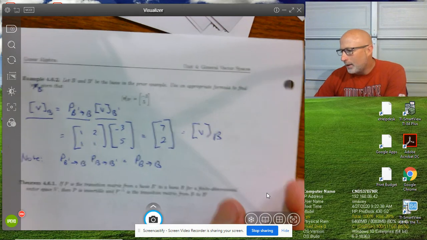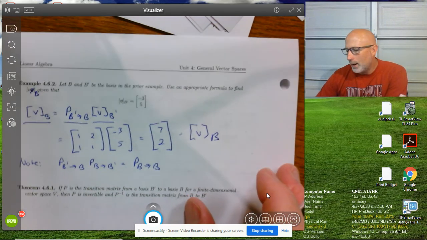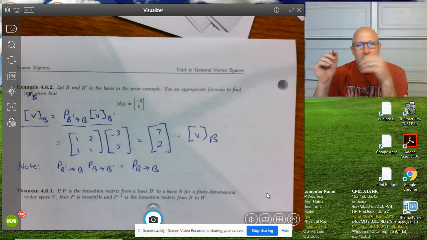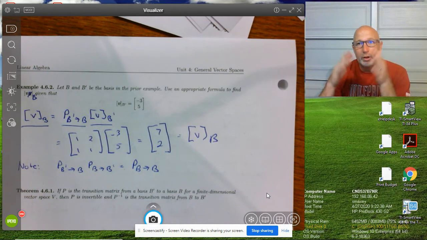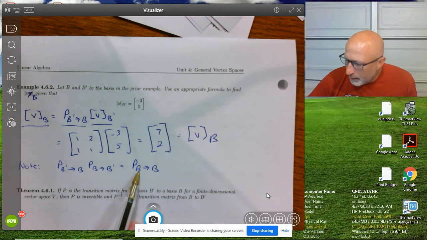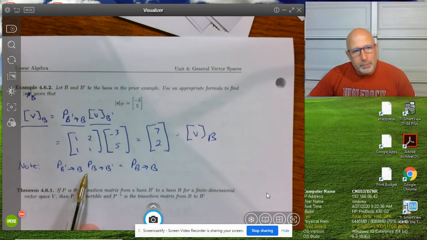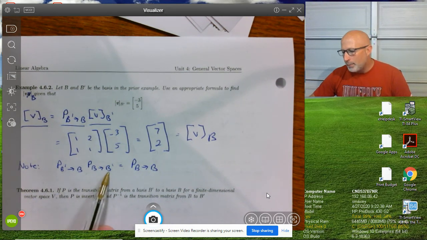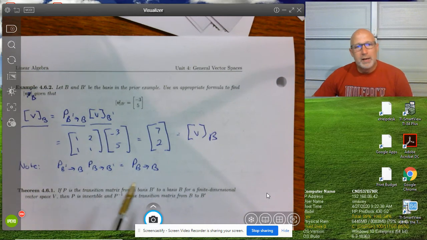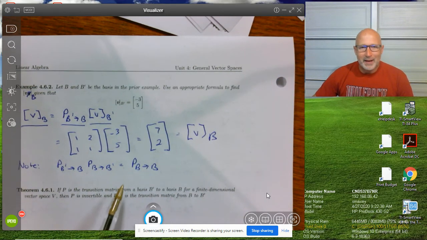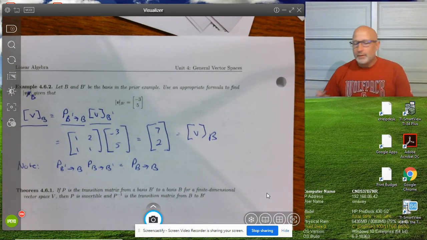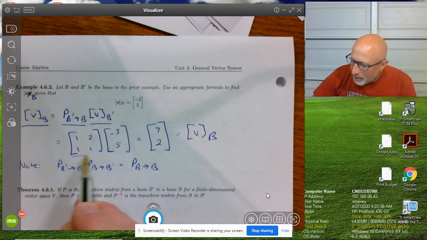It took me a long time to figure this out. If you look at what this is doing, it looks like these should both be b primes, because you start at b prime and go to b, and then start at b and go to b prime. But that's not the case, and the reason why is by what's given up here.